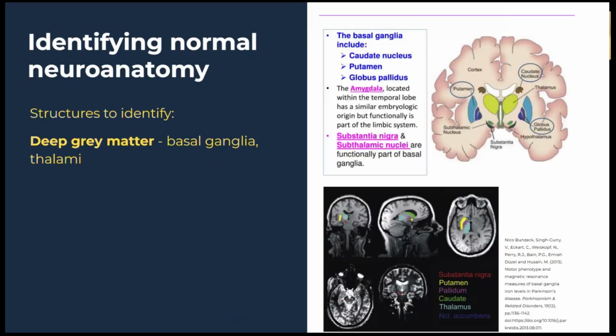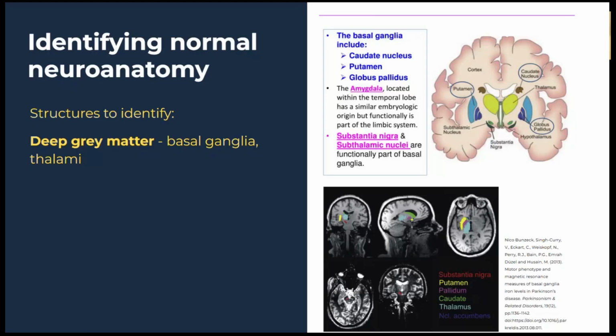So some other structures to be aware of would be the deep gray matter, which is important in conditions like Parkinson's. You've got the basal ganglia, which is made up of the lentiform nucleus, the caudate, the substantia nigra, and the subthalamic nucleus. That communicates with the motor cortex via the thalamus, and it helps to either reinforce appropriate movements, the direct pathway, or remove inappropriate movements with the indirect pathway.